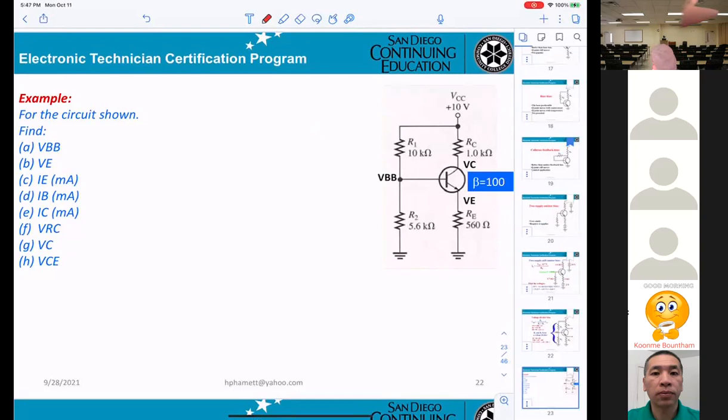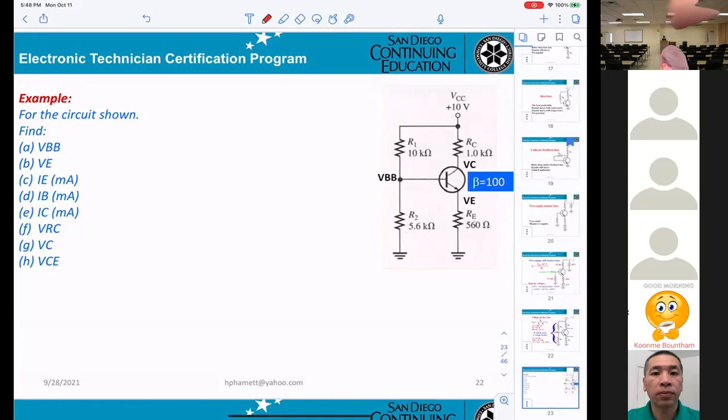Okay, to get 10 plus 5.6. VBB is equal to 5.6 times 10 divided by 10K plus 5.6K.